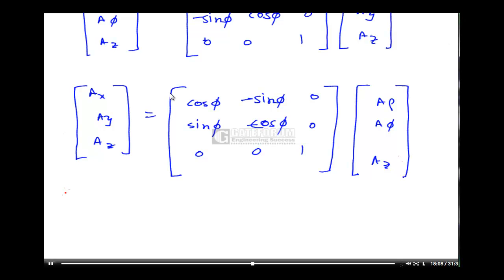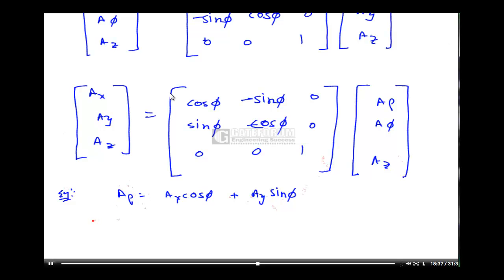Here, for example, I am giving how to prove it. Suppose a rho is equal to, how can I relate it in terms of ax, ay, az: ax cos phi plus ay sin phi plus 0 into az, which is 0 only. So we have to prove this.